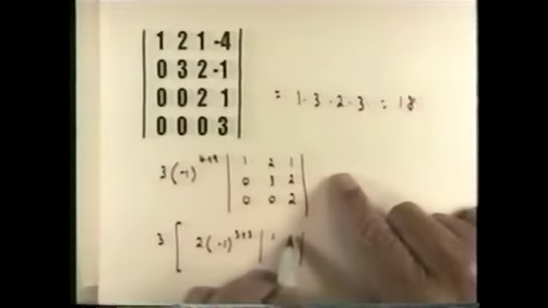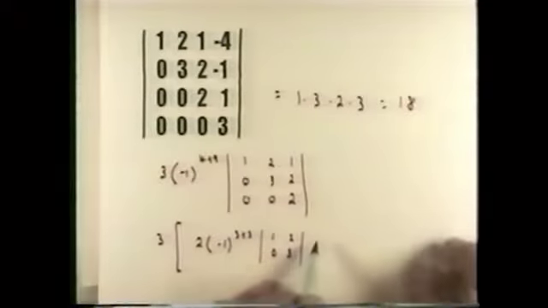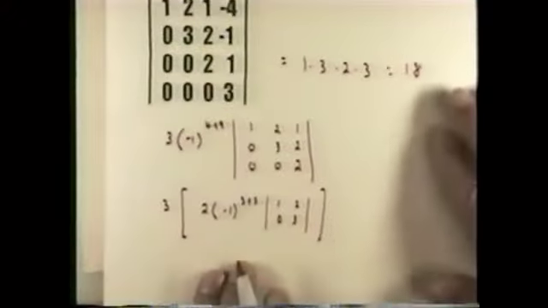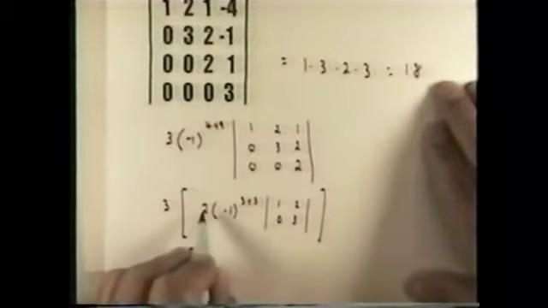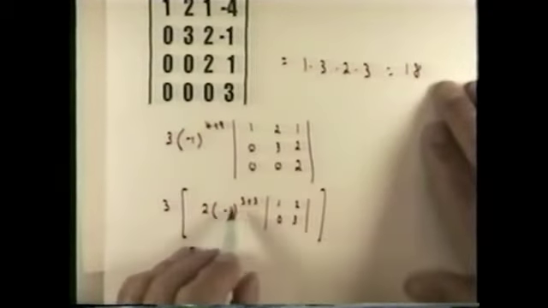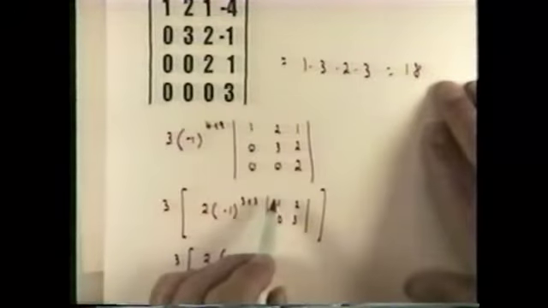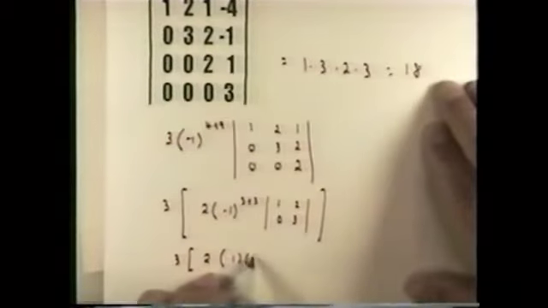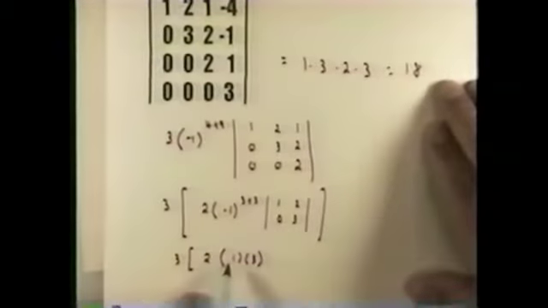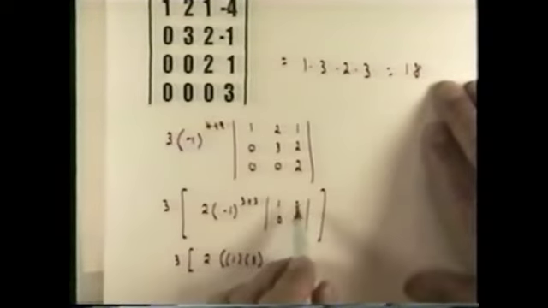So that's going to be 1, 2, 0, 3. So this is going to leave me with 3 times negative 1 to the 3 plus 3, which is negative 1 to the 6th, which is positive 1, times 2, times 1 times 3 is 3, minus, that would be 0.